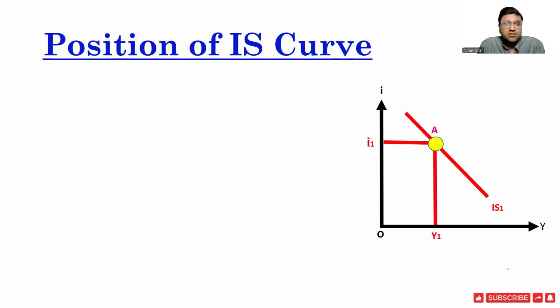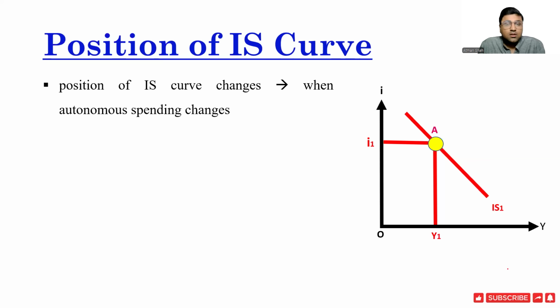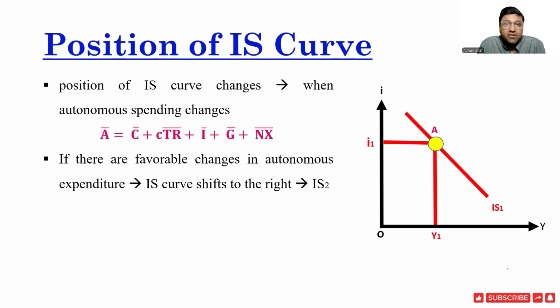Now let's understand the position of the IS curve. So suppose we have this original IS curve called IS1. Now the position of the IS curve changes when the autonomous spending changes. So we know that autonomous spending A bar is equal to C bar, CTR bar plus I bar plus G bar plus NX bar. Now, if there are favorable changes in autonomous expenditure or autonomous spending, the entire IS curve shifts to the right to IS2.